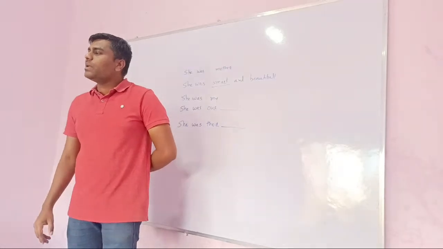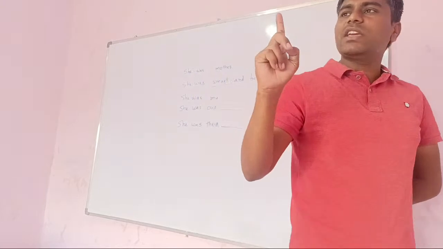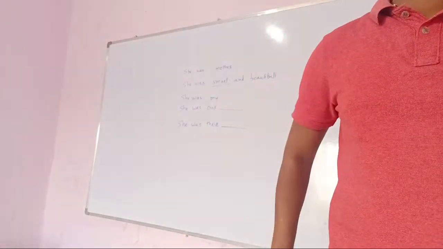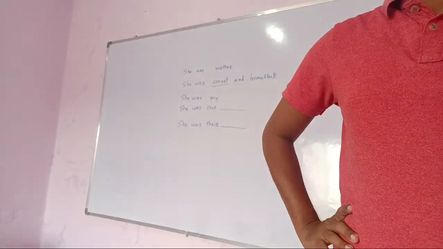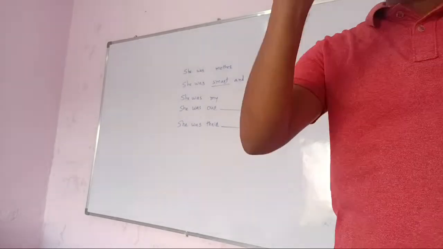If one student makes 10 sentences, then how does it become? 37 multiplied by 10 is 370. Only 10 sentences.